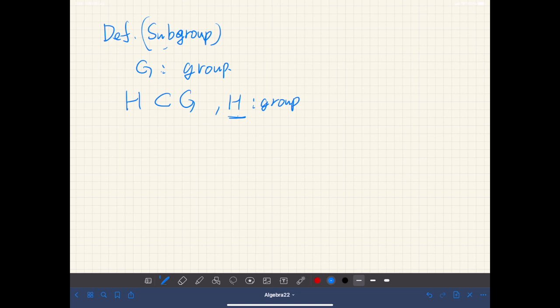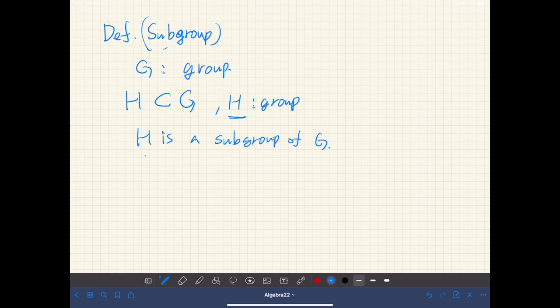Then we say H is a subgroup of G. And of course, H must be a non-empty set. Okay, if it's empty, then it's not a subgroup by definition.